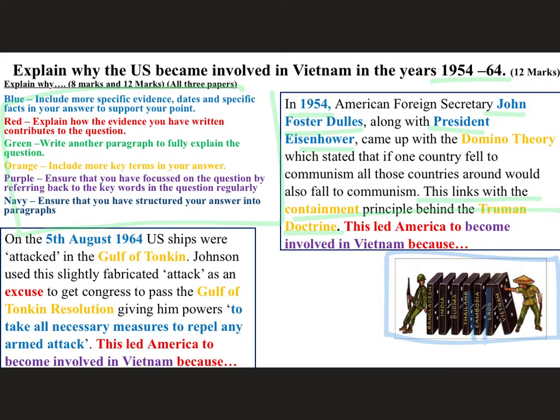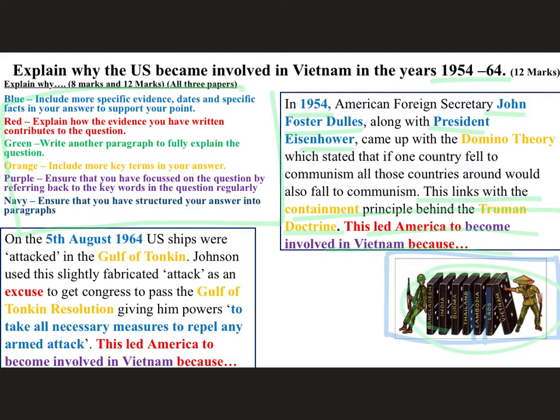and that's fine. Then, obviously, in red, how did this lead to America becoming more involved in Vietnam? Okay, I've used the keywords in the question there, and I've used the red. Now, what I would say here is that you've got to think about the idea that it's not just about Vietnam. What is happening in Vietnam is more important than just Vietnam. Because if you believe the domino theory, then you believe if Vietnam goes, the rest will fall.